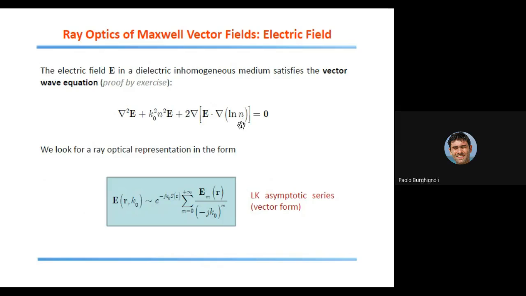So if the refractive index is a constant, this gradient is equal to zero. And we look for a ray optical approximation to the solution. So again, the full original Luneburg-Kline asymptotic series. However, now this is in vector form, so the numerators are vector functions of the position vector r.